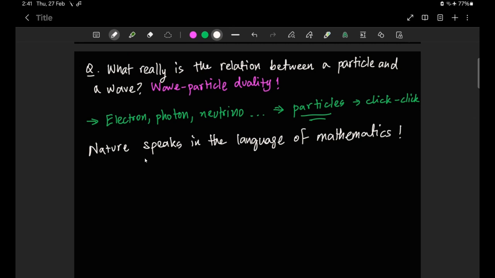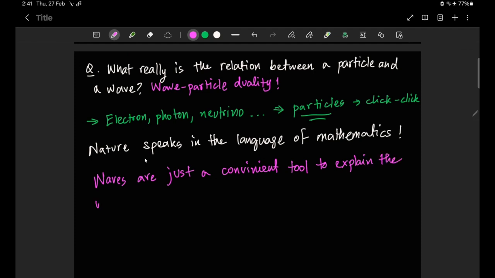Okay, so we can say that waves are just a convenient tool to explain the wave-like behavior of particles.